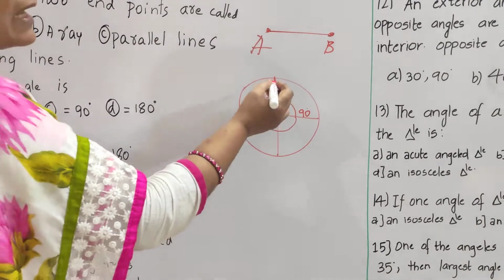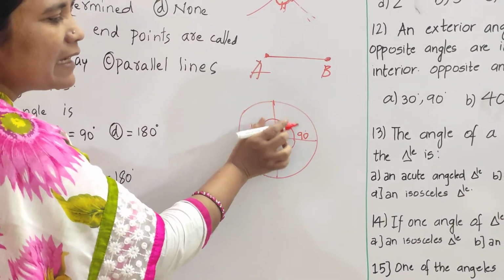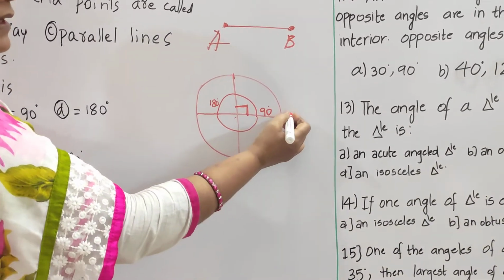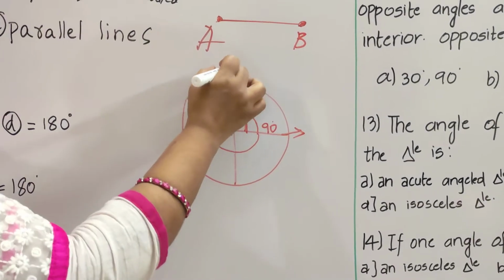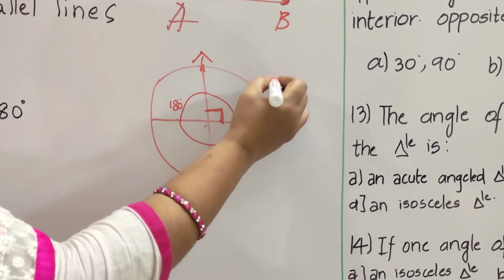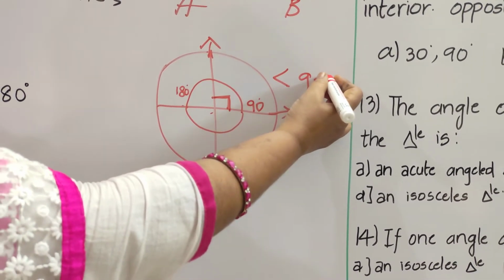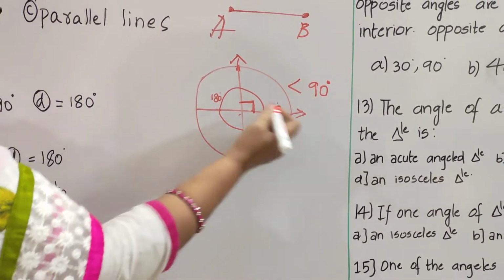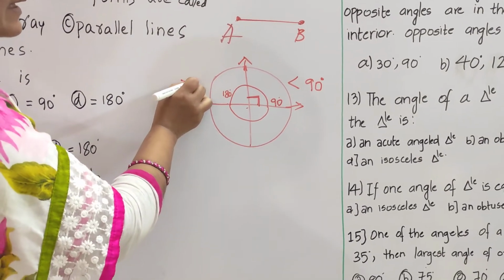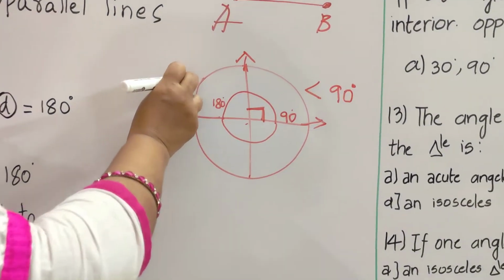So now, if you have any angle below this, from here to here, it is 0 to 90, okay. If it is less than 90 degree, it is called acute angle. More than 90 degree, obtuse angle.